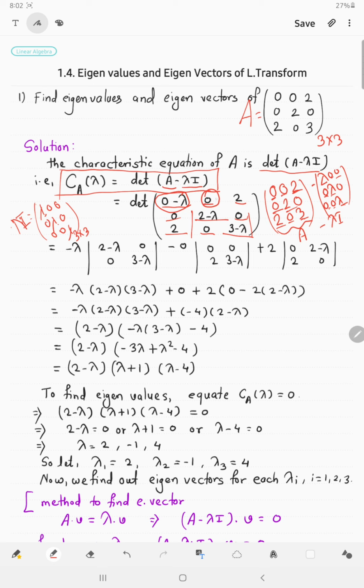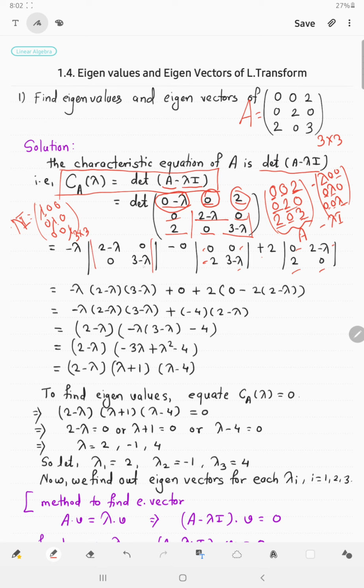Delete the first row and second column, so the entries will be 0, 2, 0, 3 minus lambda. Similarly, now take 2 with plus sign. Delete the first row and third column, so the output will be 0, 2 minus lambda, 2, 0.